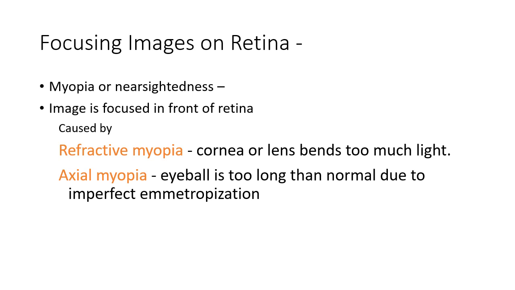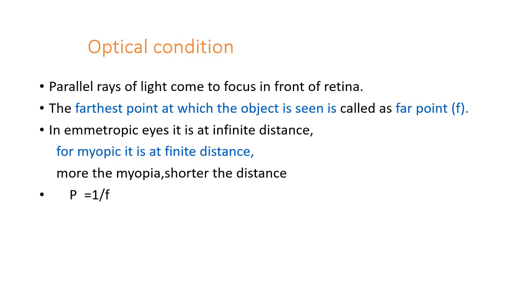Then another variety is axial myopia. If the eyeball is too long compared to the normal due to imperfect emmetropization, then because of the increase in the length of the eyeball, the light rays coming from far away will fall in front of the retina. So parallel rays of light come to focus in front of the retina.